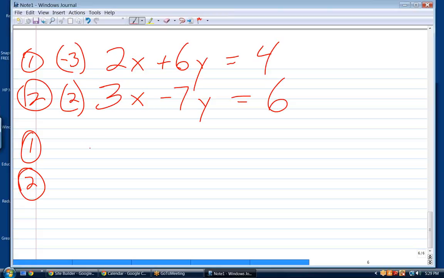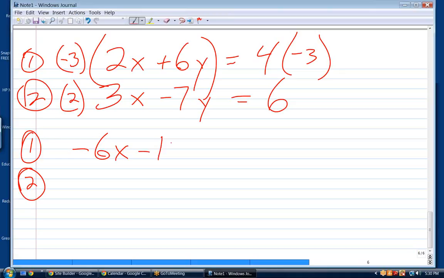So tell me what equation 1 should be if I multiply both sides by minus 3. It'd be negative 6x plus negative... minus 3 times 6y is what?